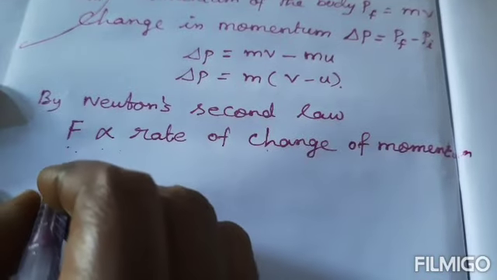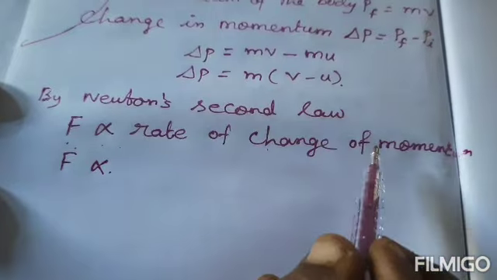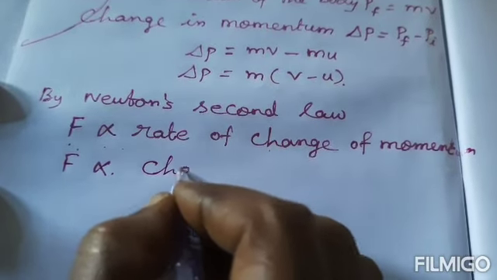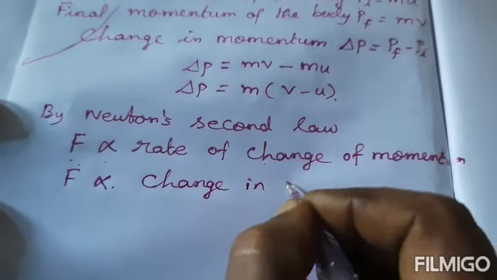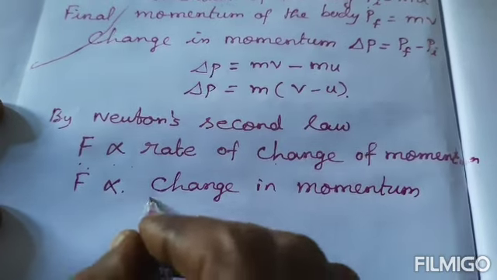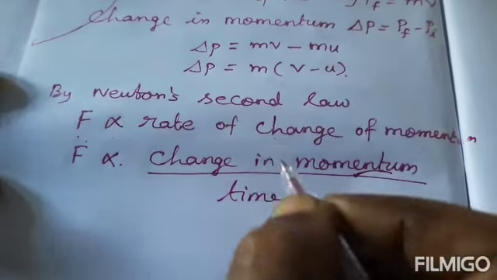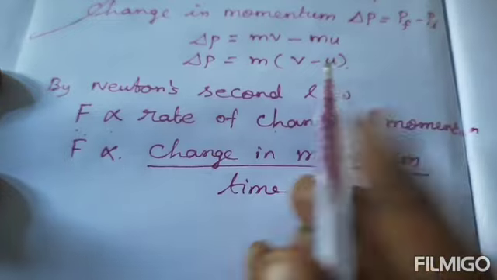So we can write here F is proportional to the rate of change of momentum. The formula for rate of change of momentum is change in momentum divided by time. What is the change in momentum? Change in momentum we have already found out, m into v minus u.